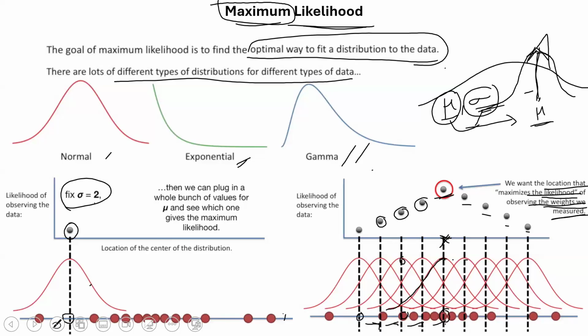Most of the data points are covered here, and that is the reason the likelihood is more here. By looking at this graph, this is the value at which the likelihood is highest, and the corresponding mu value is this. This is how you get the value of mu.